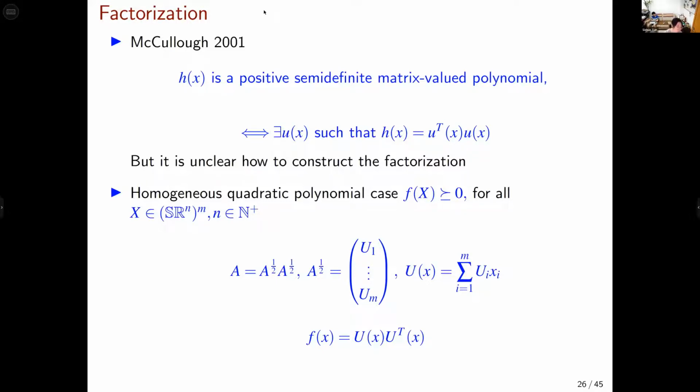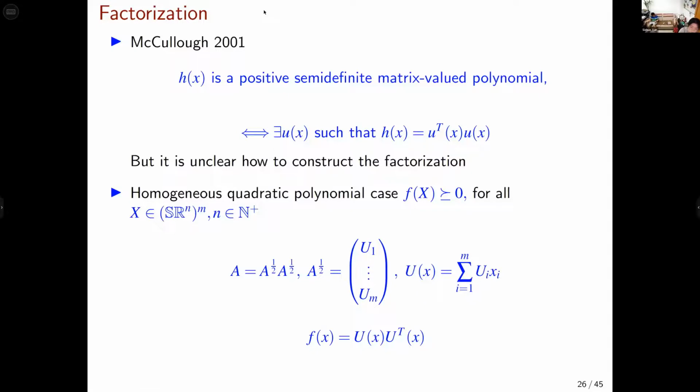However, in the homogeneous quadratic case, where f(x) is positive semi-definite for all x, we can conclude the coefficient matrix A is positive semi-definite too.